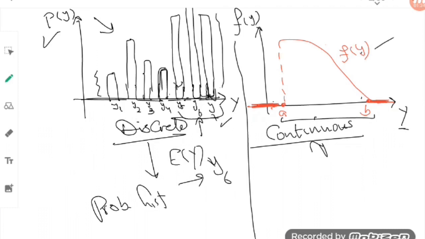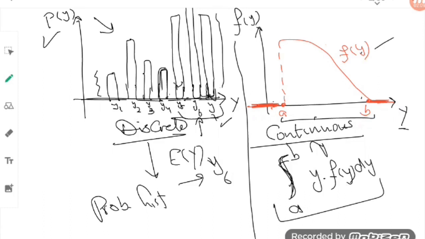So here y takes any value within the range of A and B. We also take the multiplication of the values of y over this range, and these values are weighted by the PDF. But instead of summing this weighted average, we are integrating over the interval from A to B, where the PDF is defined.